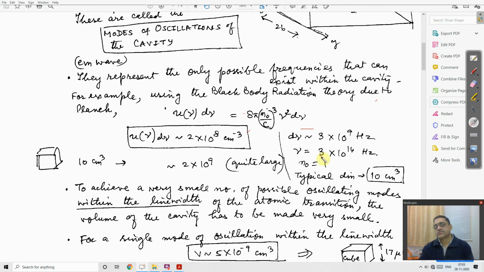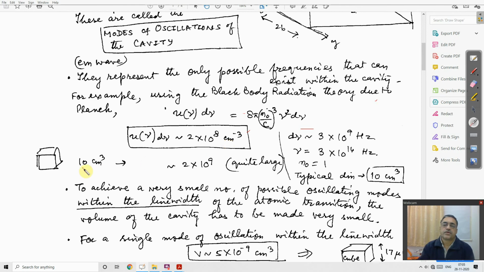Substituting all this, we obtain the energy density within the given frequency range, 2 into 10 to the power 8 per centimeter cube. It is a very big quantity.